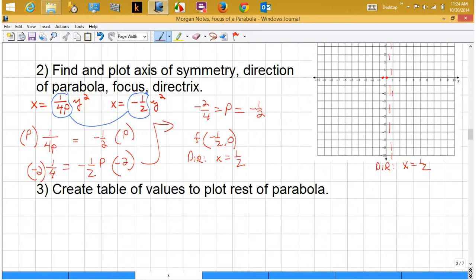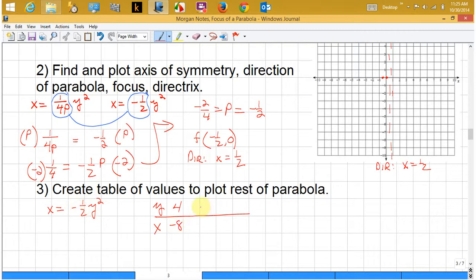So here's my equation. x is equal to negative 1/2 y squared. And like I said, I'm going to pick the y in this case and get the x. So if I pick a y value of 4, substituting 4 into this equation, I get 4 squared. That's 16. 16 times negative 1/2 gives me negative 8.